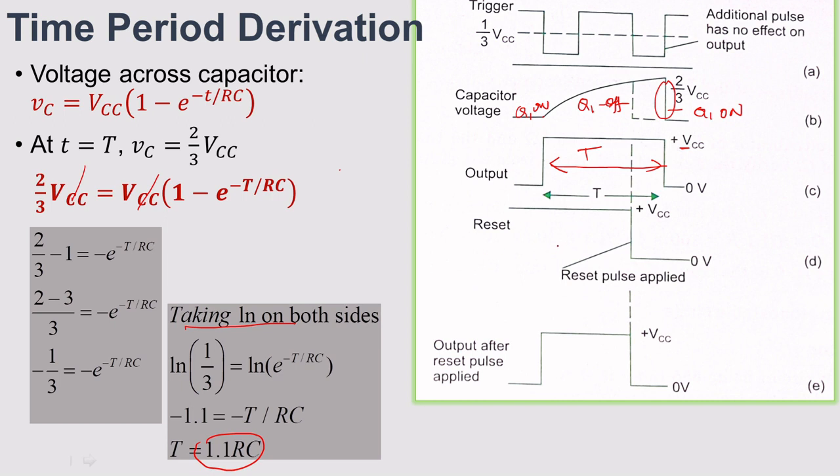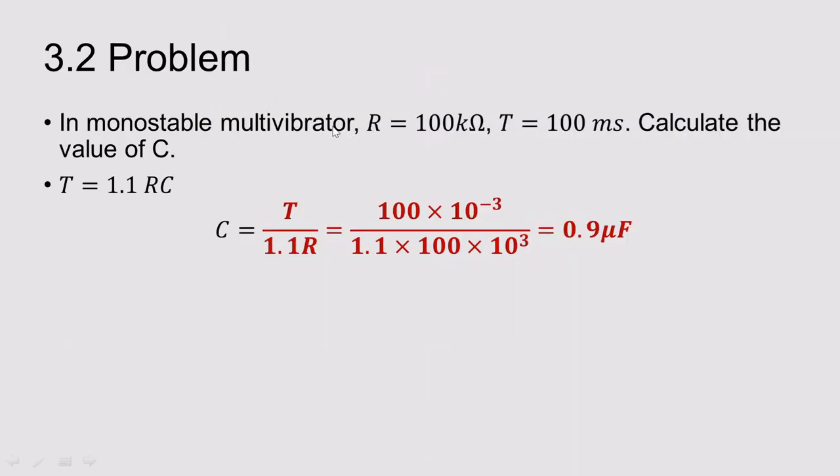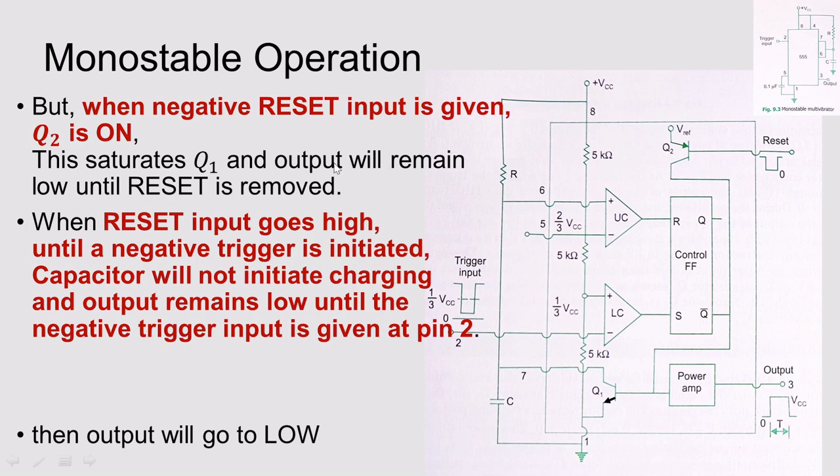Here you can see when the reset pulse is applied, what happens? When a reset pulse is given, immediately Q2 is on. When Q2 is on, the logic 1 goes to the transistor, so immediately the capacitor will be connected and it will discharge.